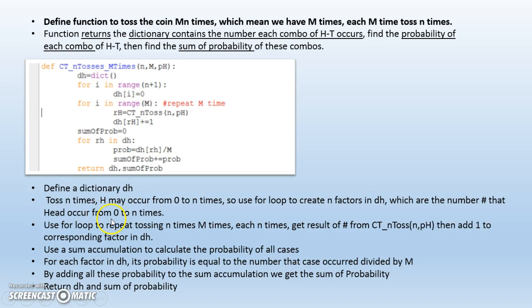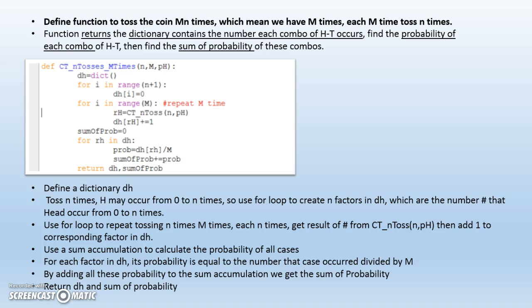Then we will use a for loop to repeat tossing the coin n times, and each time we toss the coin n times, we get the result nh, which is the number of heads, from the ct function that I have defined. Then we add 1 to the corresponding key in dh, and then we use a sum accumulation to calculate the probability of all these cases.